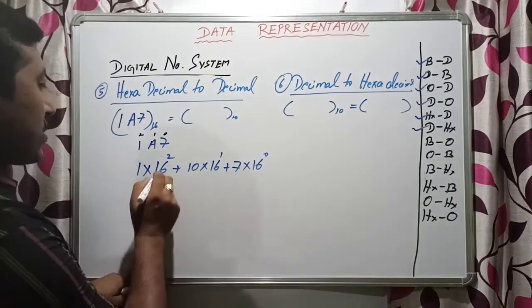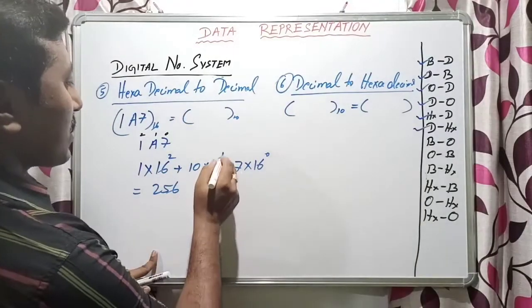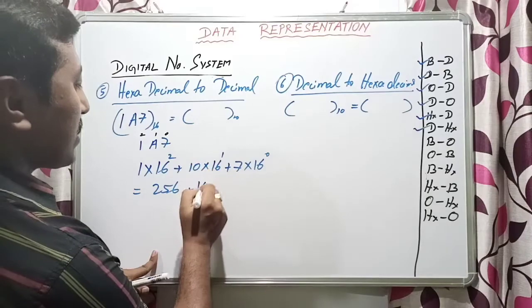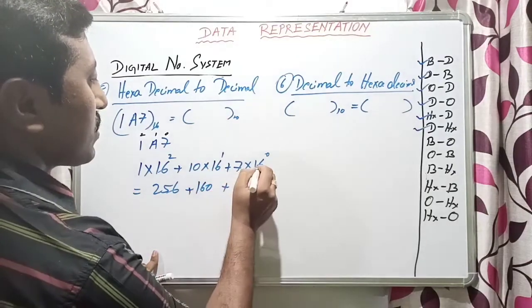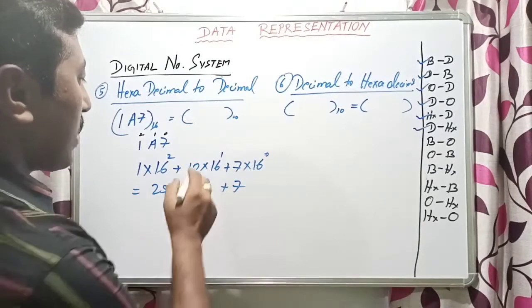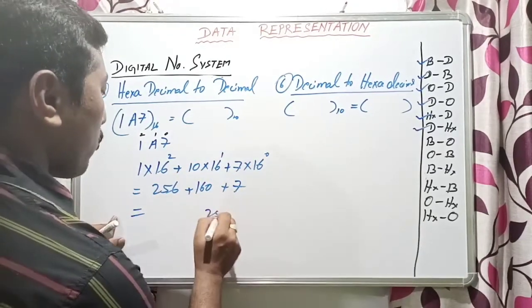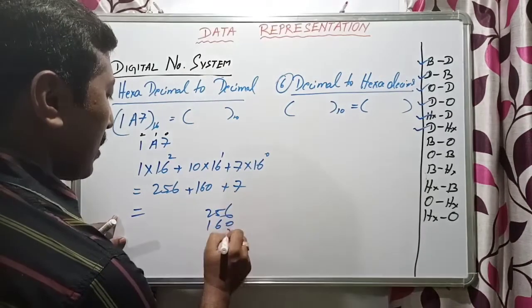Now 16 to the power 2 means 256. Here 10 into 16 is 160, and 16 to the power 0 means 1, so this is 7. Then the terms are 256, 160 and 7.